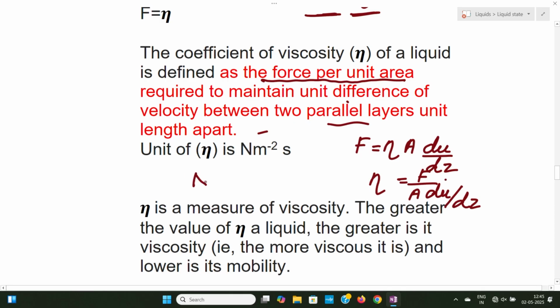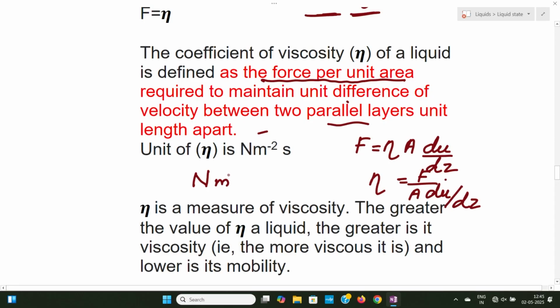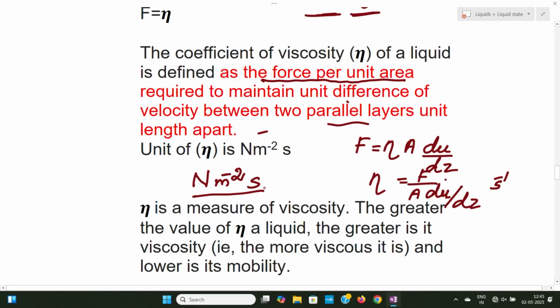The unit of area is meter square, and since this is in the denominator, that is meter inverse square. The unit of the velocity gradient du by dz is second inverse, and since this is in the denominator, that is second. So the unit of coefficient of viscosity is Newton meter inverse square second.